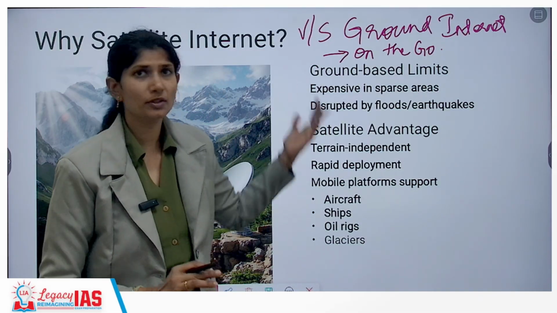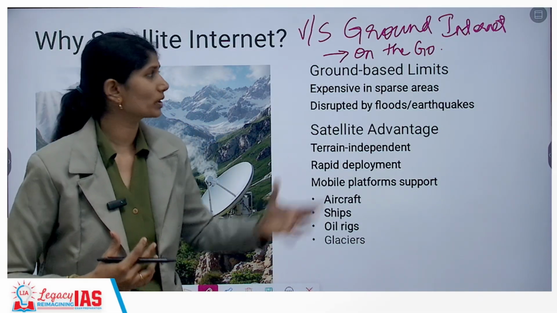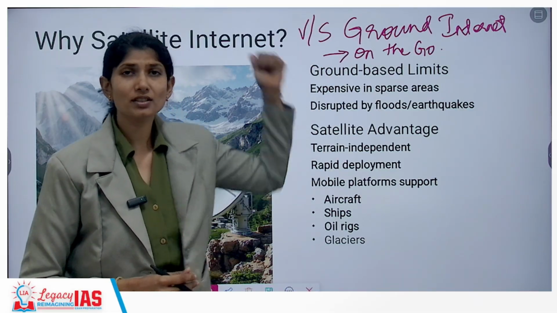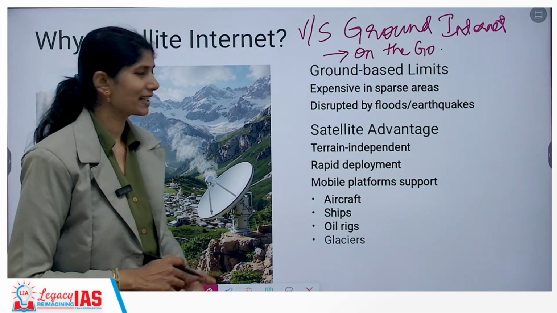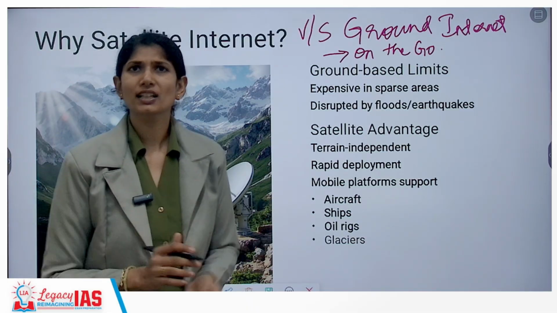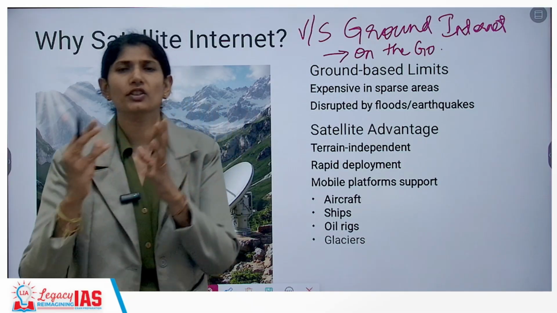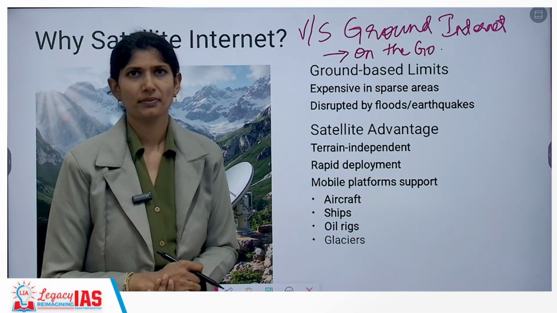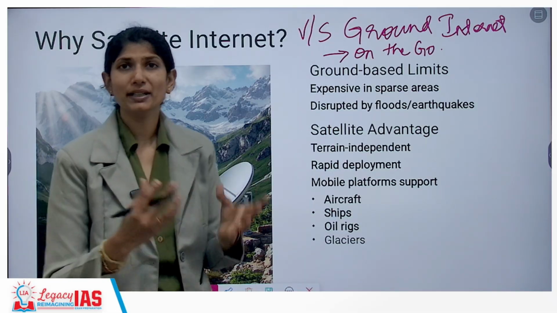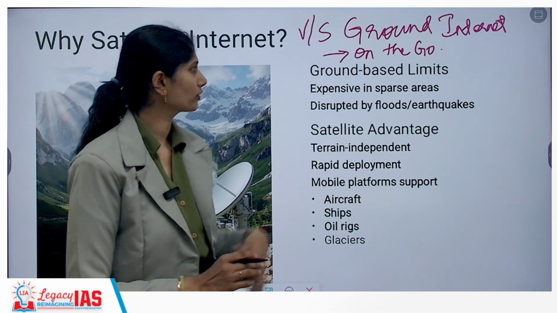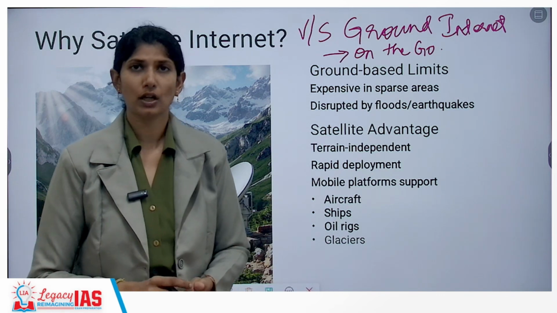So these things, especially if you are in a vehicle or aircraft, all of this becomes difficult with ground internet. Whereas it is very easy with satellite internet. And also, it is terrain independent, irrespective of which terrain you are in, whether sparsely populated or densely populated, that doesn't matter. Understanding? And also, you can very much rapidly deploy these things.